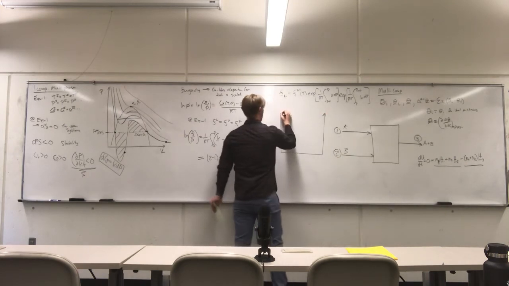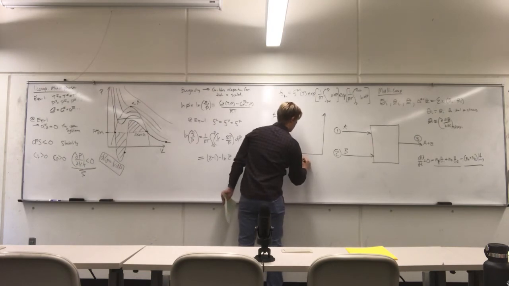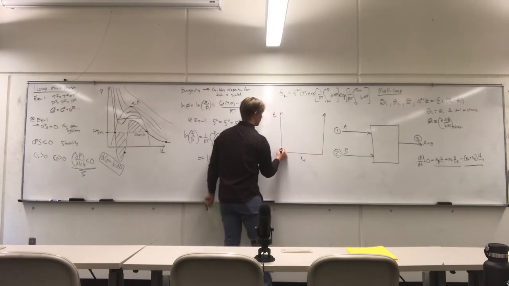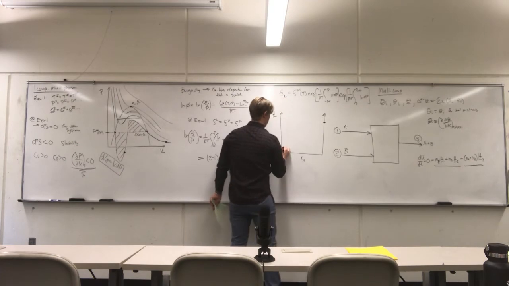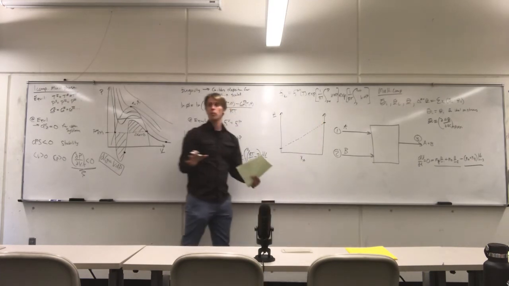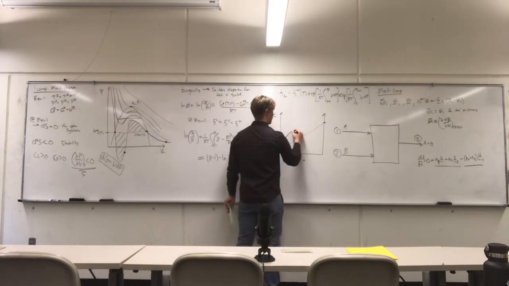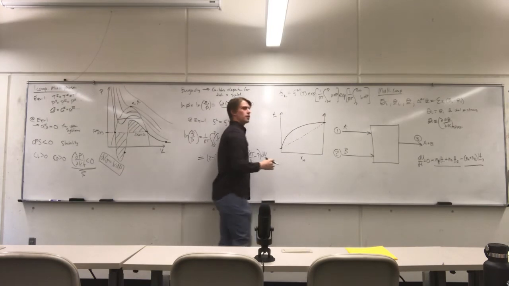So what we care about then, if I look at a plot of the enthalpy of a mixture as a function of the mole fraction of, let's say, component A in the system, this dashed line is going to be the ideal mixing, and that's what we previously had done. The real system is going to be some difference.